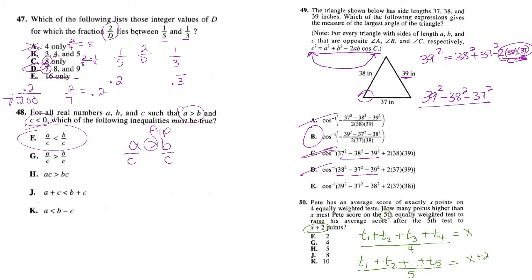So on this next test, how many points higher? Well, let's take this 5 and multiply it across, and it's going to tell us. So look at 5 times X plus 2. When we distribute, notice we have 5 times the original amount, 5X plus 10. So here's that extra amount. So that's going to be answer choice K.